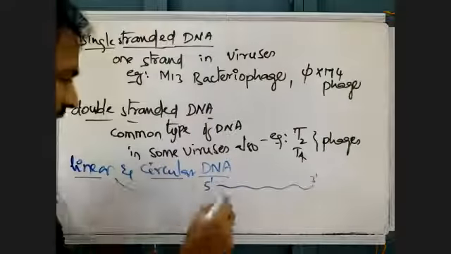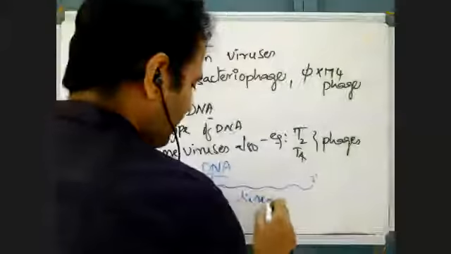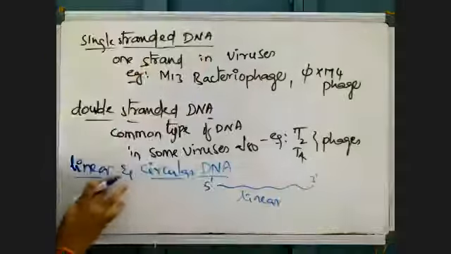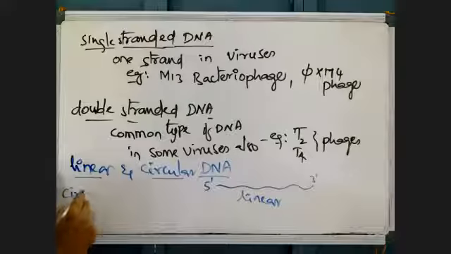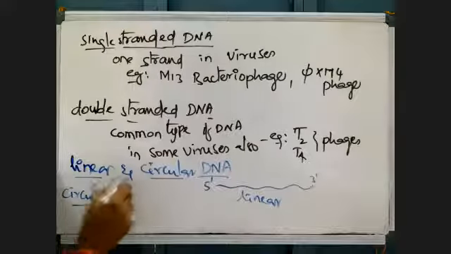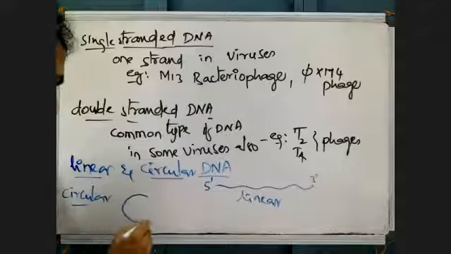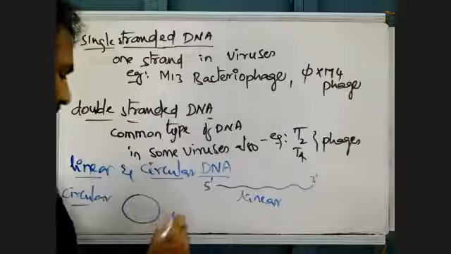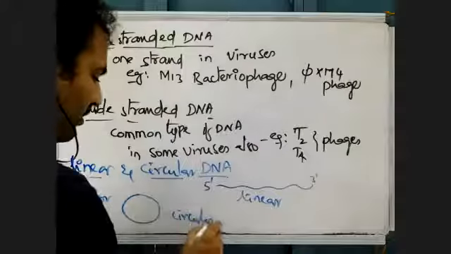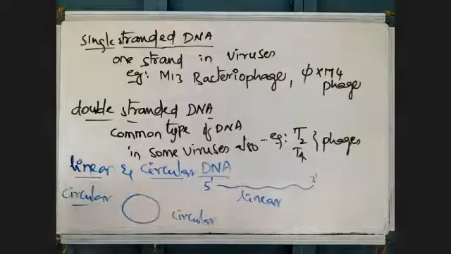This is linear DNA. And coming to circular DNA, where the 5' and 3' ends are not free, that is called circular DNA. DNA is linear in which the ends are free.